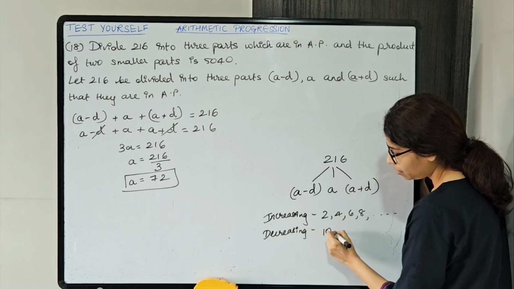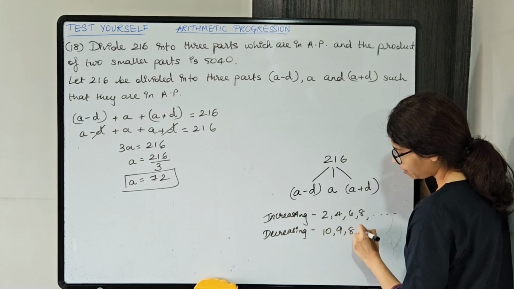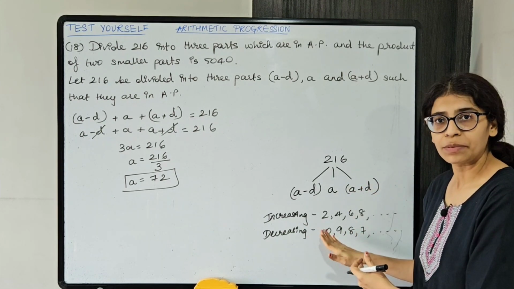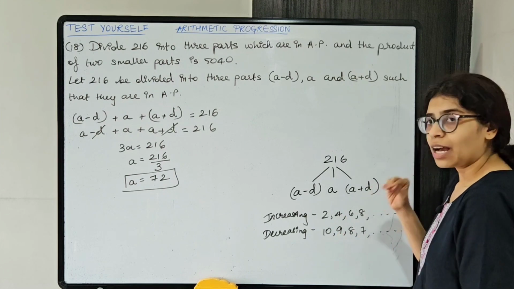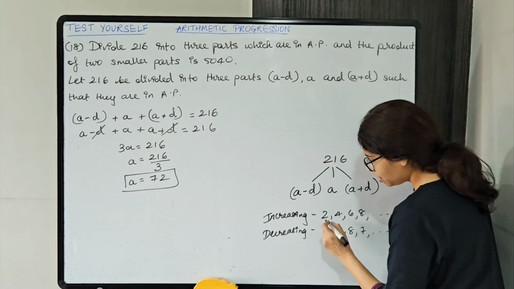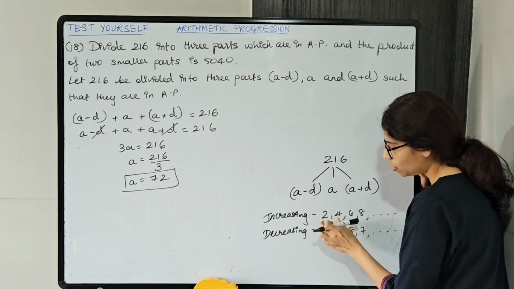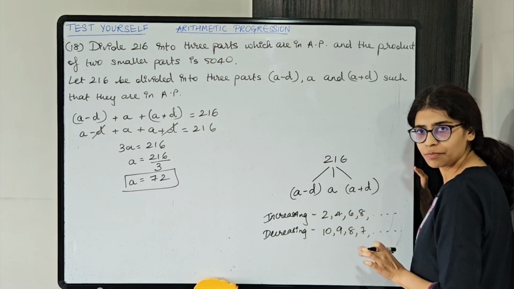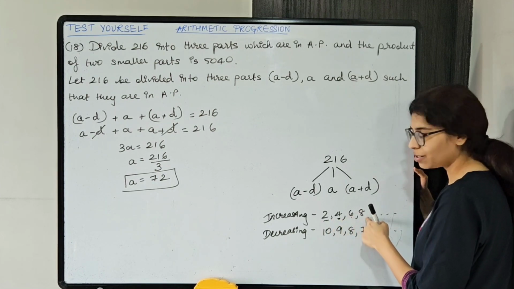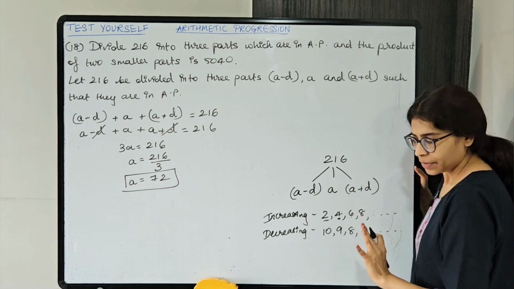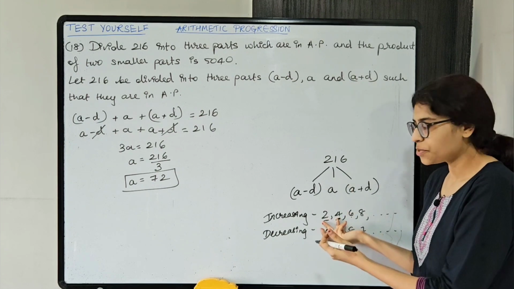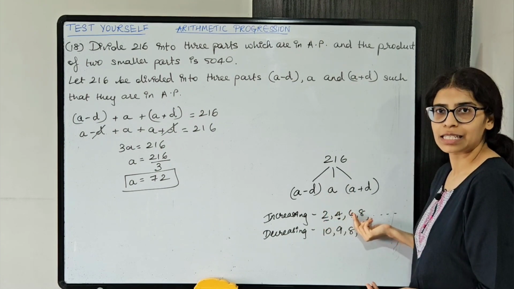Decreasing AP दूसरा है, वो opposite होगा. It will be like 10, 9, 8, 7. So next term is smaller than the previous term. Okay, so यहाँ पे increasing AP में I can say that जो पहले वाला 2 terms है, those are smaller than the next term. यहाँ पे 2 और 4 will be smaller than 6, 4 and 6 will be smaller than 8, है ना? तो for increasing AP जो पहले वाले terms है, they will be smaller than the next term.